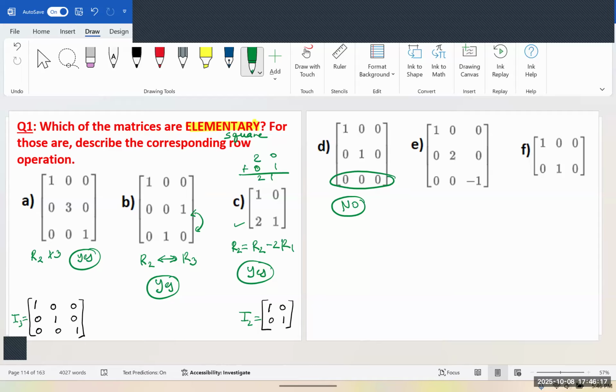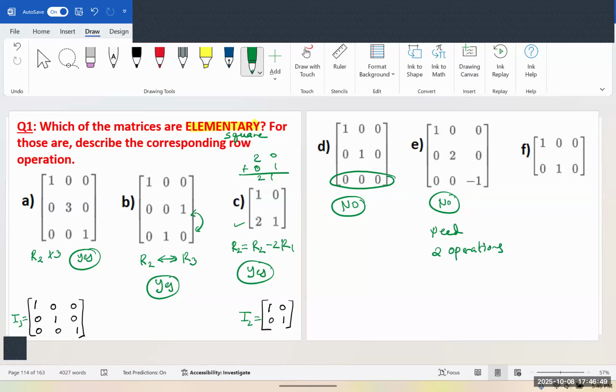Perfect. E. Again, you don't have to be correct, okay? Just give me your ideas. I don't think E is elementary because you need to use two operations. Good. You need two operations if you want to convert it into an identity matrix.